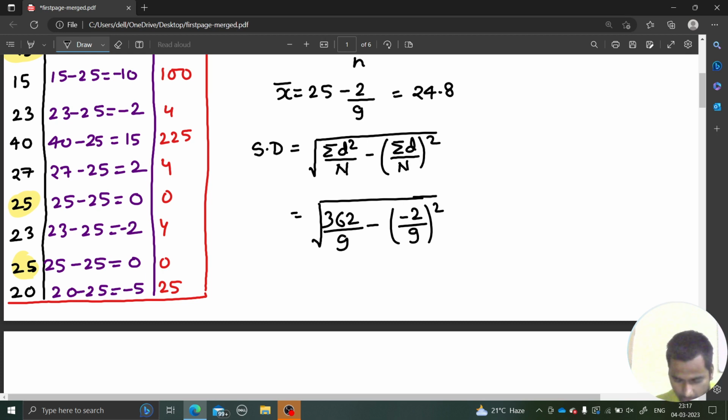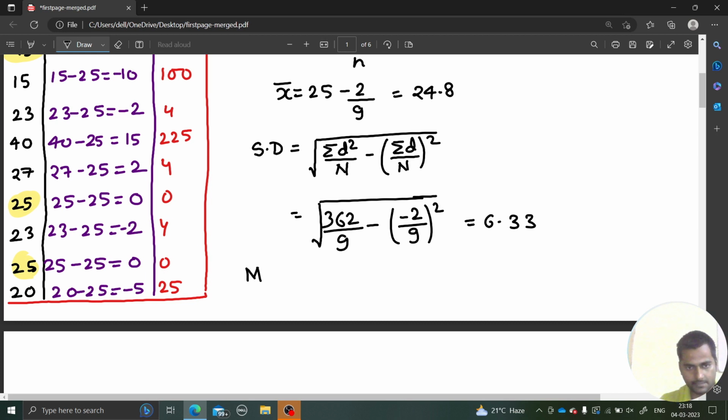So under the root, 362 divided by 9 minus 4 by 81. Okay. So this is coming out to be 6.33. Fine. So now you have got your standard deviation in front of you, your mean in front of you.